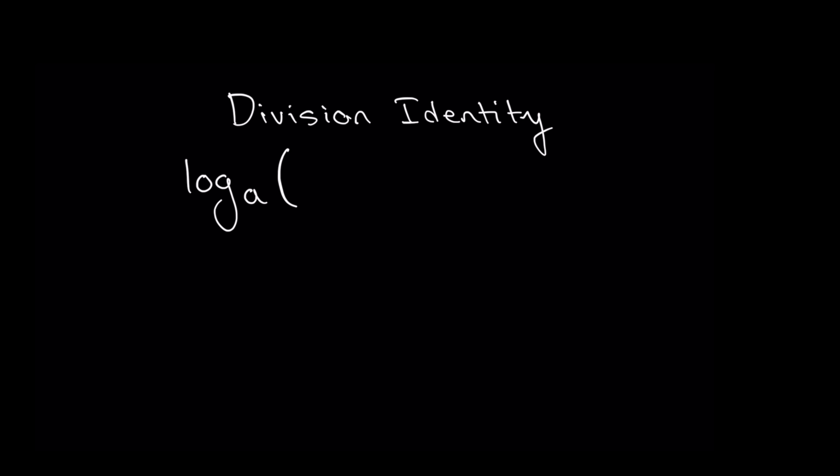Now, similarly with the multiplicative identity, we have the division identity. And this one suggests an idea that's very similar. So, say you were given a logarithm base a of some quotient with the numerator as x and the denominator as y.